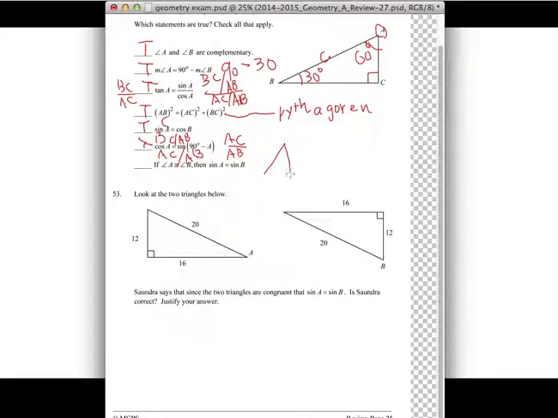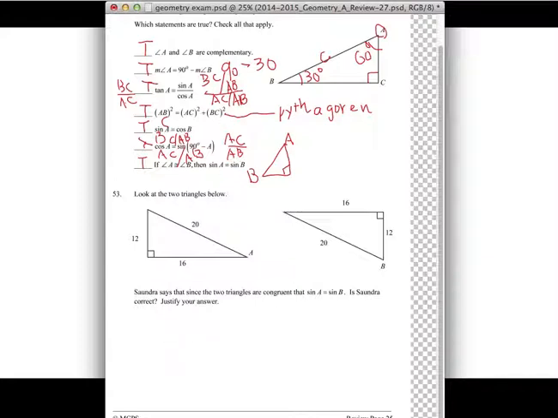It's 90 degrees here, and we have B here, there's A here, and they're both 45. So sine 45 equals sine 45, which must be true.